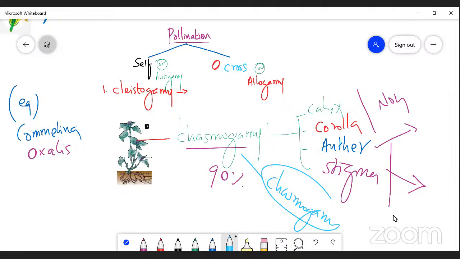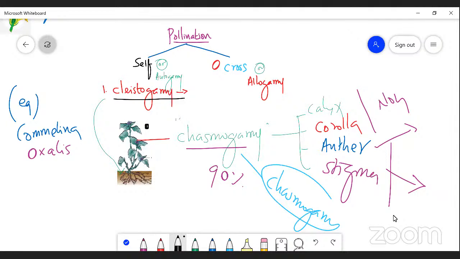Right. Now coming to the point. So this Commelina plant or Oxalis plant possesses two types of flower. One is a chasmogamous flower and the other one is a clistogamous flower. I'd like to point out this is a clistogamous flower in which the floral parts never open and expose. Simply you can say it is called clistogamous or clistogamy.